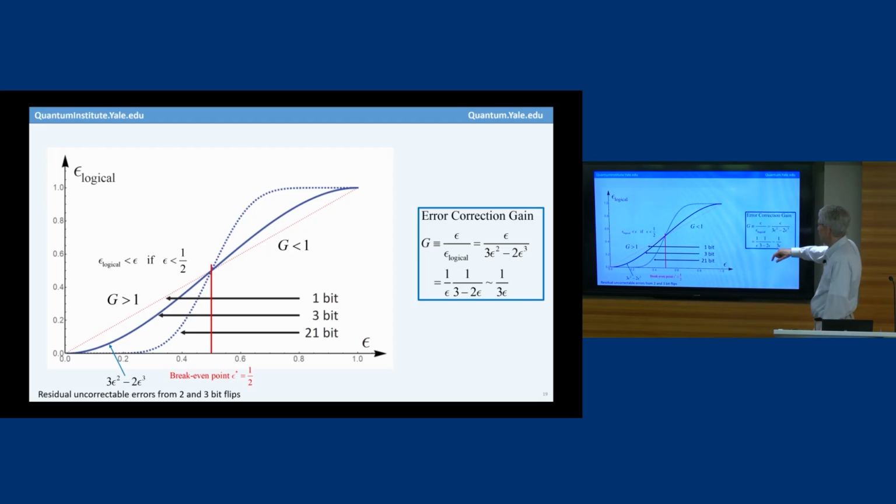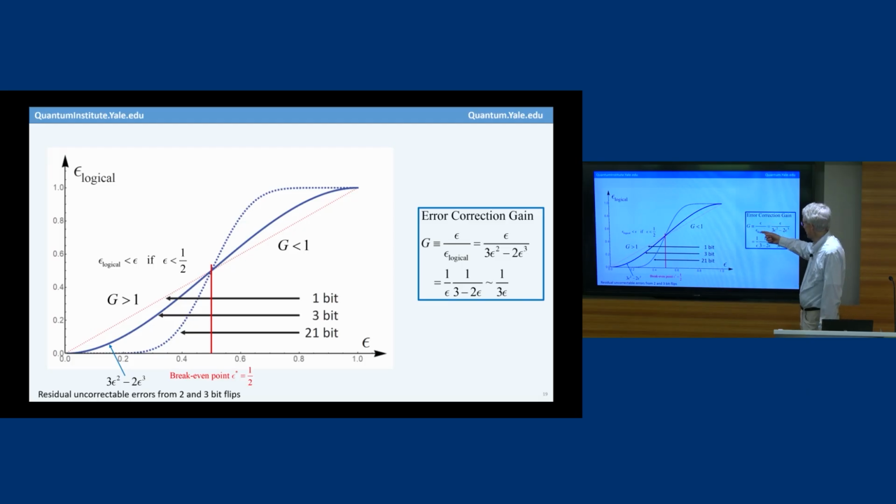Okay, so you can define what's called error correction gain, and we do this in quantum error correction also. That's where we first defined it, actually. It's the physical error rate on each bit divided by the logical error rate, the thing that, when Bob does the decoding and corrects the errors, is the probability that he got it wrong.